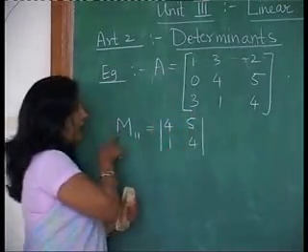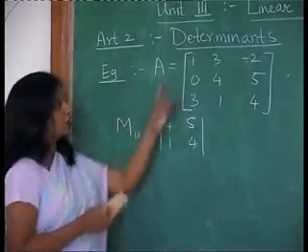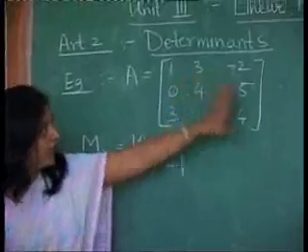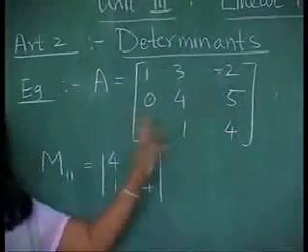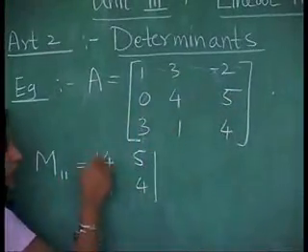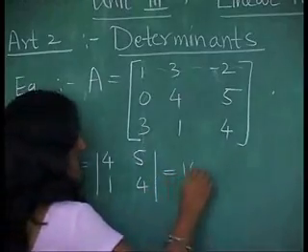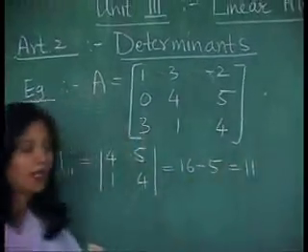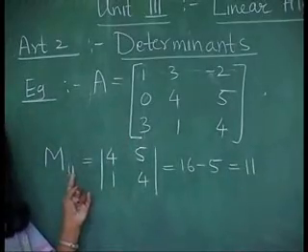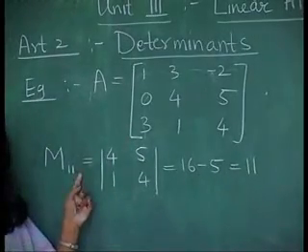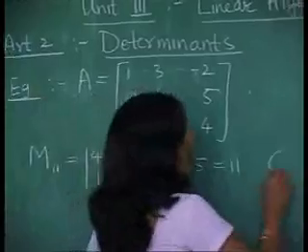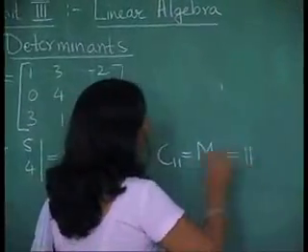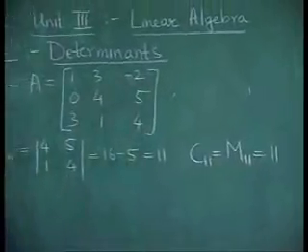That works out to be 4 into 4, 16, minus 1 into 5, that is 11. And notice that 1 plus 1 is even. So cofactor will be equal to the minor and therefore this cofactor will have to be 11.